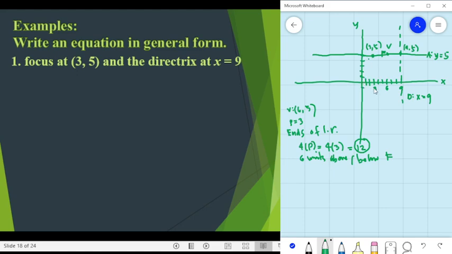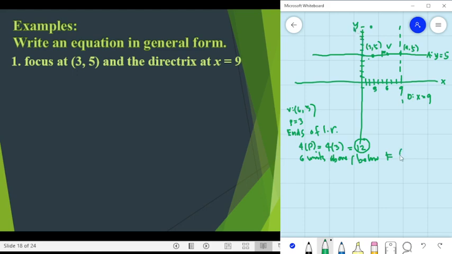That is one end of the latus rectum. Then going up, 1, 2, 3, 4, 5, 6, so this is 5, 6, 7, 8, 9, 10, 11.